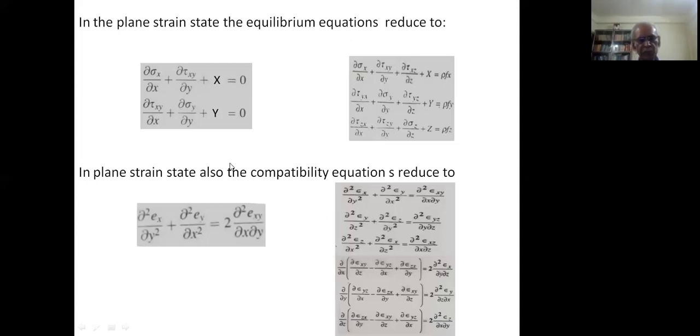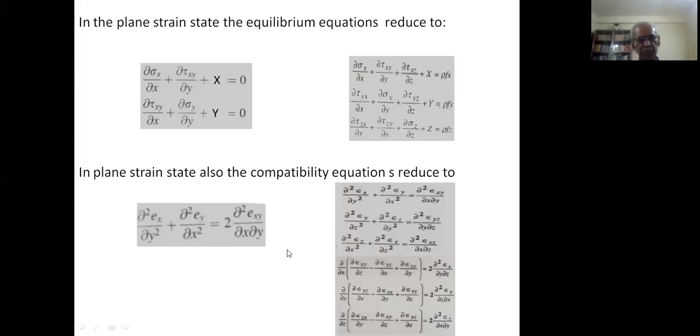Then we can go to the compatibility equation. I have given the compatibility equation in the full form, the six compatibility equations, on the right hand side. And if you apply the plane strain condition, that is epsilon z, epsilon xz, epsilon yz equal to 0, you will find out only the top equation is left and other things are automatically satisfied.